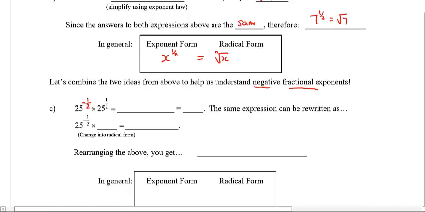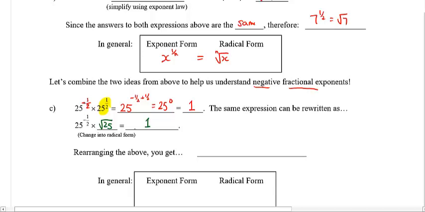Now using the exponent law, where we now have to add the exponents together since it's multiplication, we get here 25 to the power of 0, and anything to the power of 0 is actually equal to 1. Now remember how this power of 1/2 can be written as a root, so root 25. And so if we're doing the exact same thing, then that should also equal 1, right?